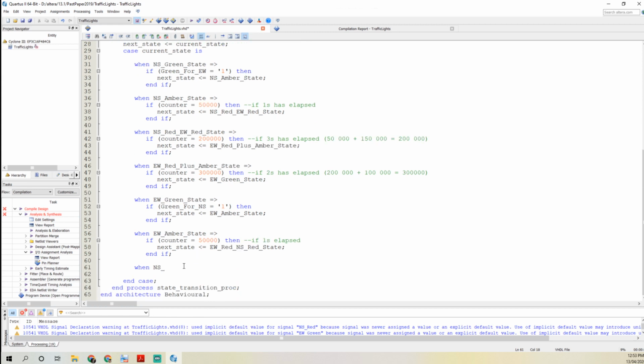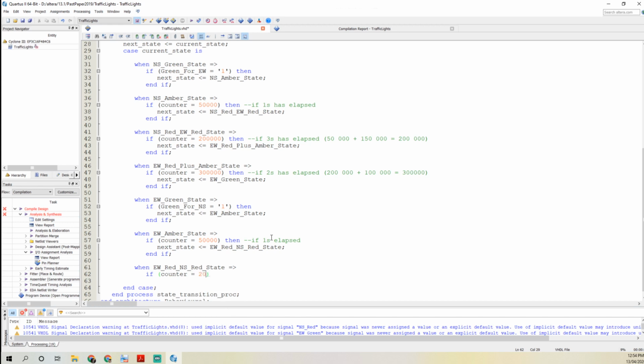When I'm in this east-west red to north-south red state, the reason I had to add in that extra state is I would have had another case when statement that would have been north-south red to east-west red, and the logic would have clashed. All right, so when I'm in this state, I want to check if 3 seconds has passed.